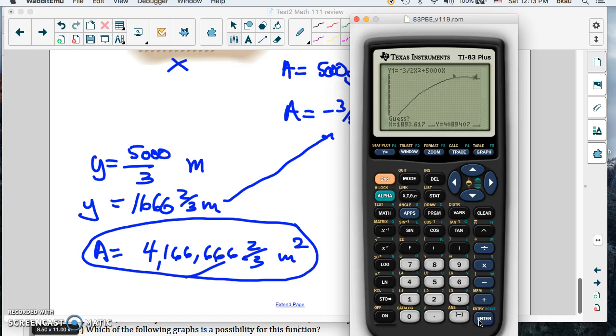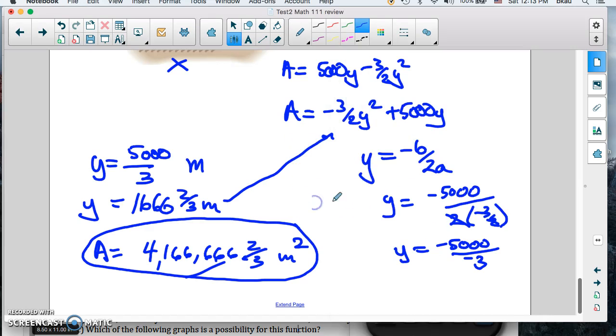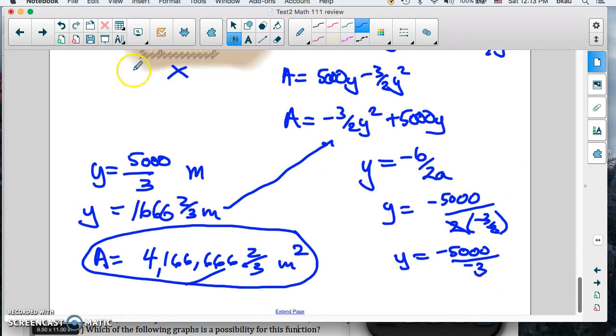Enter, enter. Okay, so it calculates about the same number right here on the maximum value, and here's our area right there. It's the same value. So we use the graphing calculator to verify that. Okay, we'll move on to the next problem here.